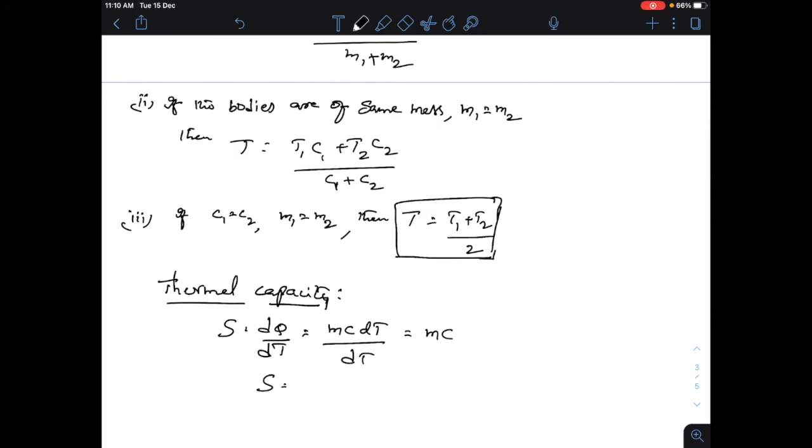So S is equal to m c: mass into specific heat. That is thermal capacity.